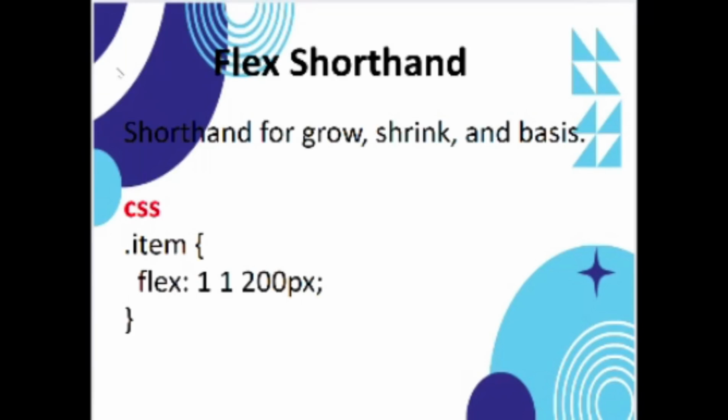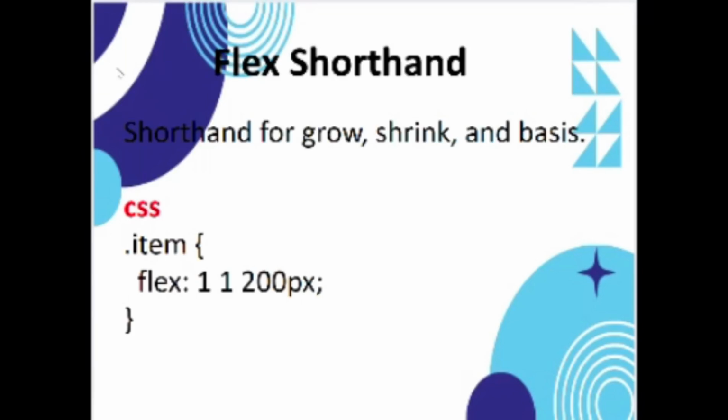Before, in flex sizing, we have taken flex grow, flex shrink and flex basis separately, but here in flex shorthand we will take all in a single line, and it provides clean code that is easy to understand. The first one is for grow, another one is for shrink, another one is for basis, 200 pixels.